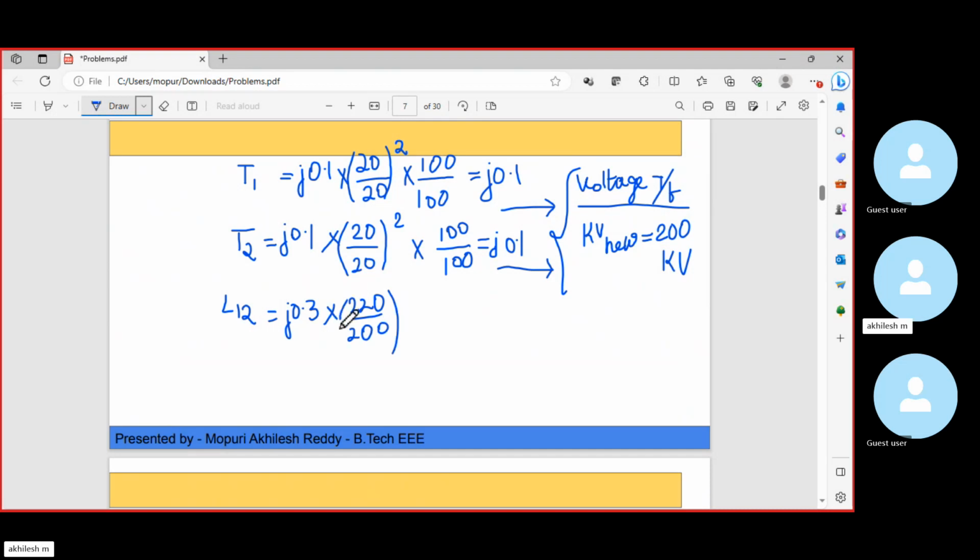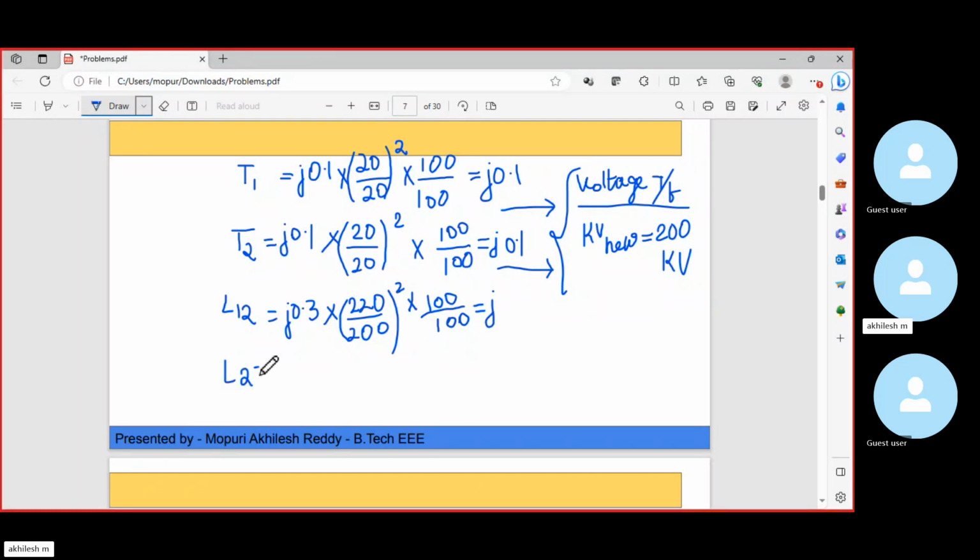Did you find this value? This 220 by 200 is nothing but 1.1. Square of 1.1 is 1.21. So 1.21 into 0.3 gives the answer.